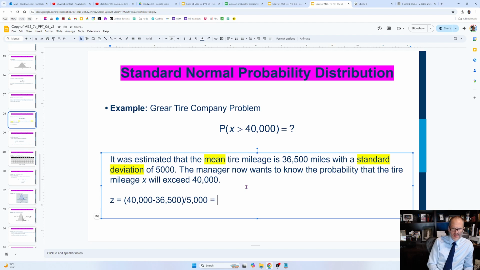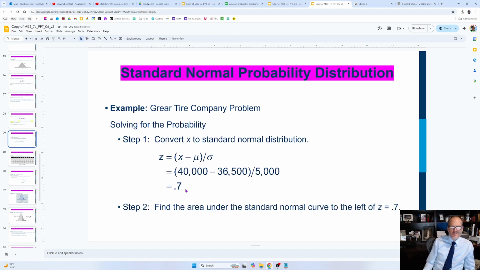That's 3,500 divided by 5,000, which is equal to 7 over 10, because if you multiply the denominator by 2, you get 10,000, and multiplying the numerator by 2, you get 7,000. So you drop two zeros off of each of those, you get 7 out of 10, and that's equal to 0.7. And if we look at the next slide, 0.7.